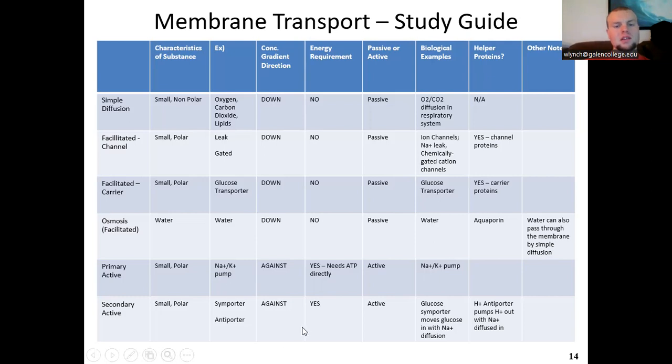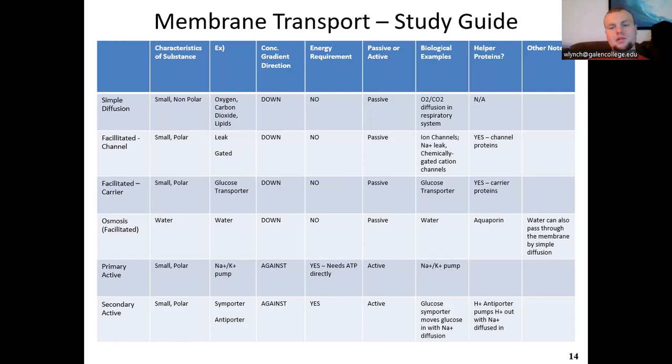We are moving against a concentration gradient again, so we have to have energy. Primary process has ATP happen. The secondary process picks up or piggybacks onto the primary process and allows for movement. Our biological example for a symporter was the glucose channel.